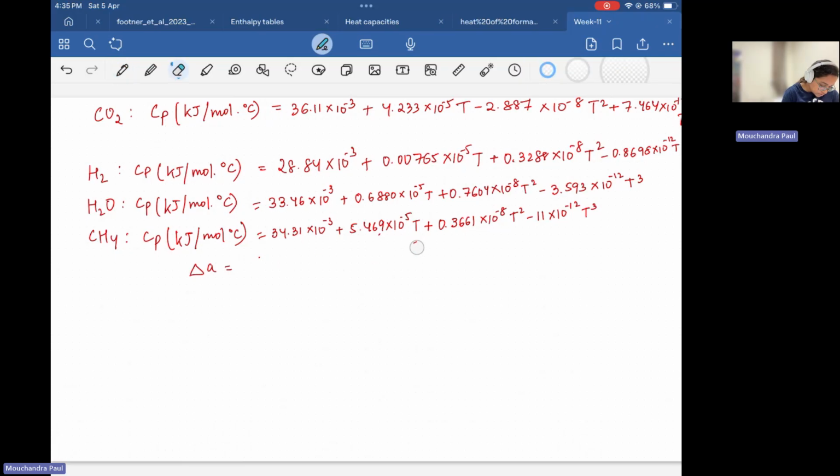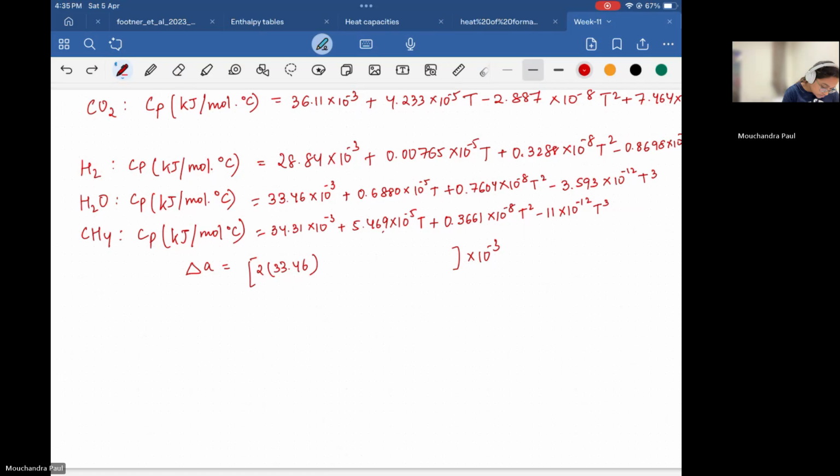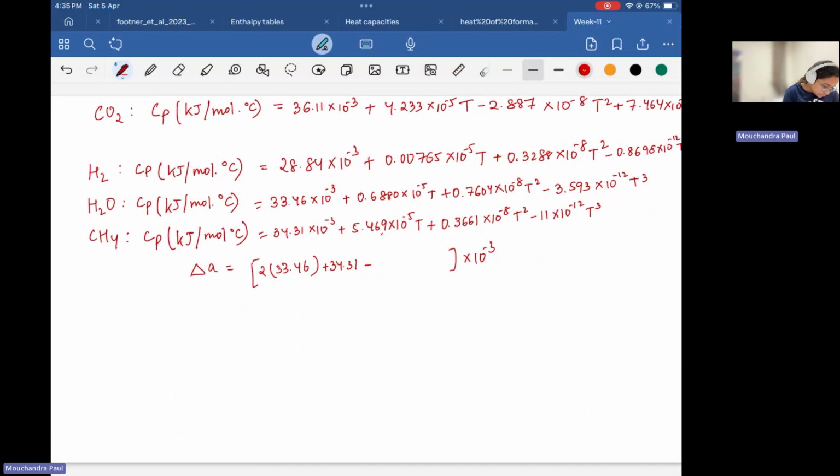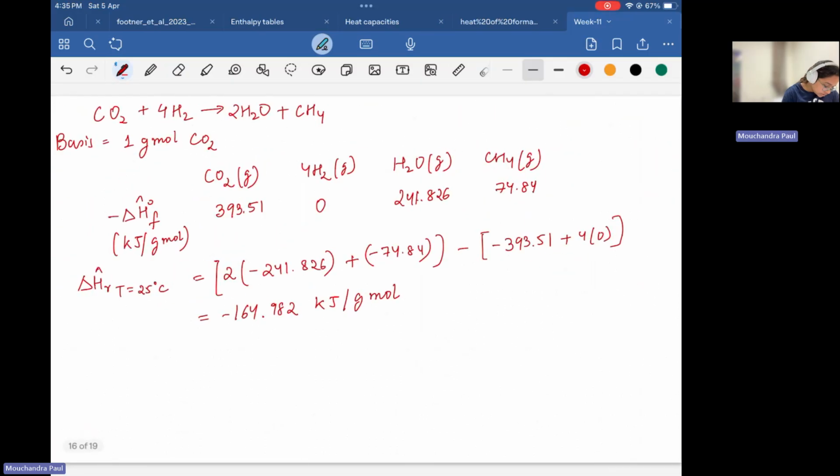Rather, here what we can do, we can keep 10 to the power minus 3 outside. Plus, minus the reactant side, CO2 and 4H2O.